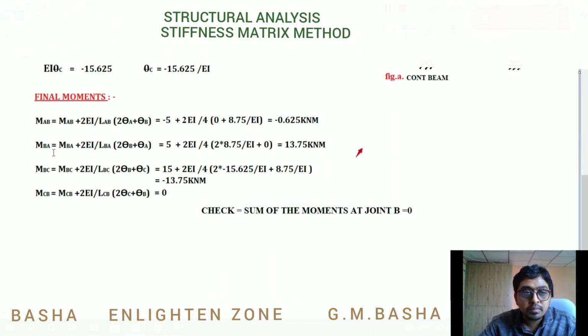See here, if you sum these final moments, MBA plus MBC, that is 13.75 kilonewton meter minus 13.75 kilonewton meter, it will be equal to 0.